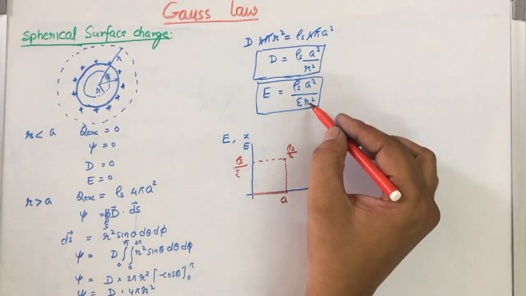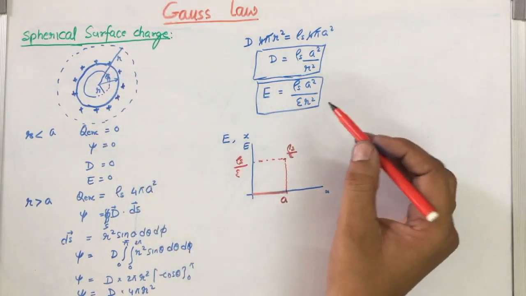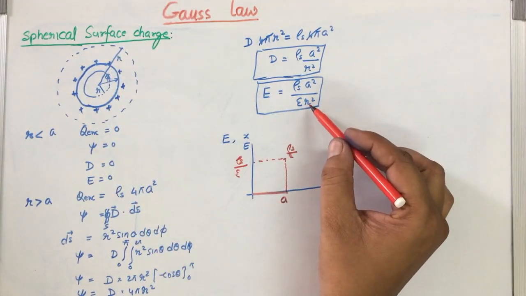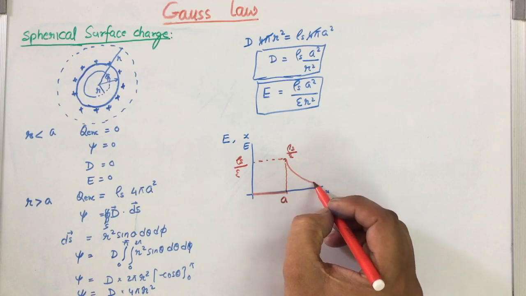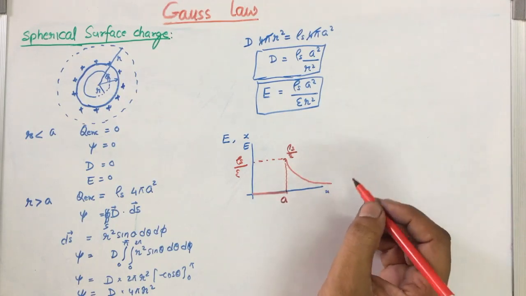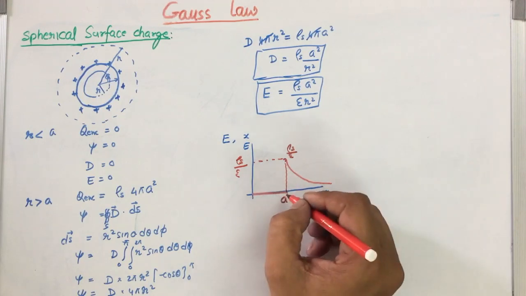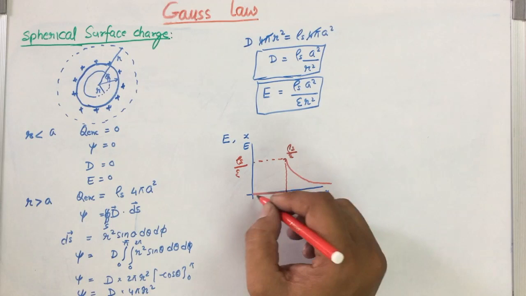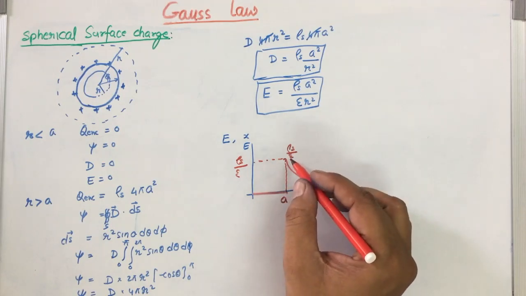After that, as we increase the radius and go away from the surface, E decreases inversely with the square term. So up to the surface of the sphere, the electric field inside is equal to 0. At the surface it is rho s by epsilon.